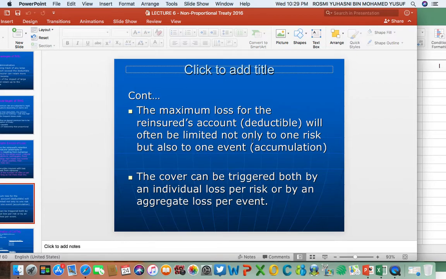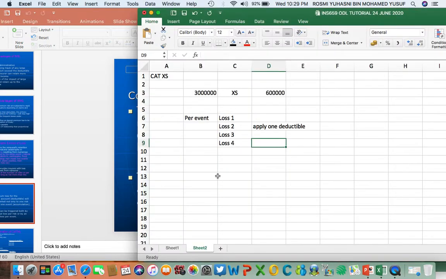When we talk about one event, that means accumulation of claims arising from one event. This is an example of accumulation of claims arising from one event. Let's say from one event of flood, there is damage to 4 properties. We can call that accumulation of claims.